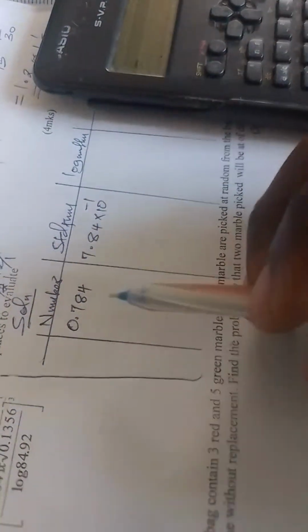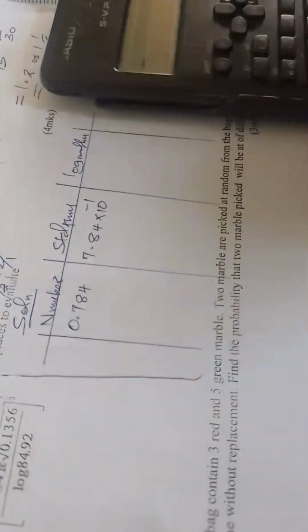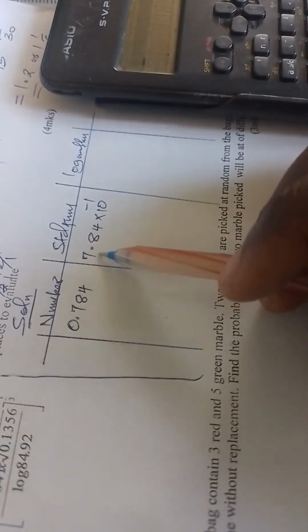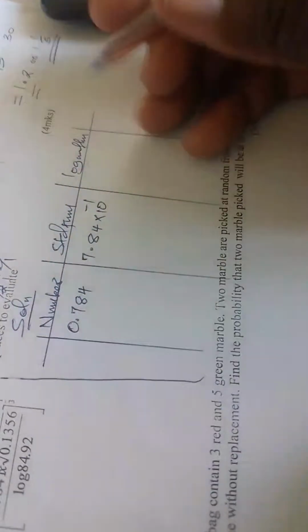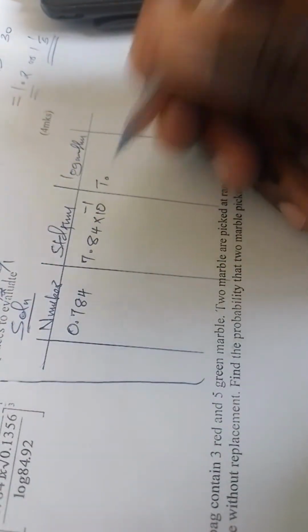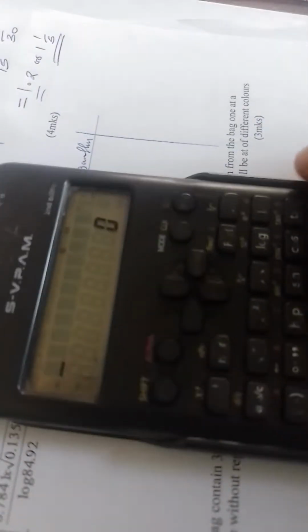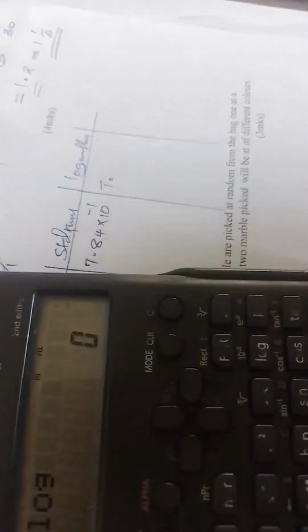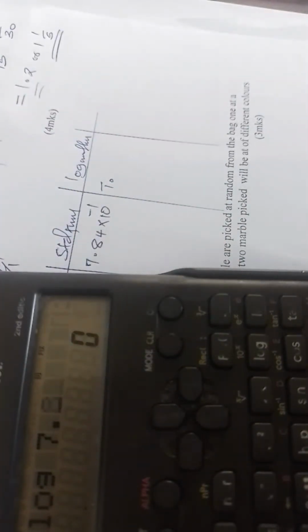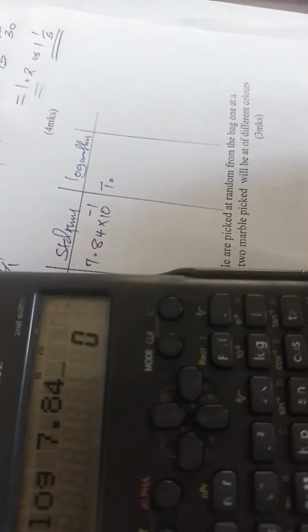Because now we have 0.784, then in standard form it is supposed to be 7.84 times 10 raised to power negative 1. This one will be bar 1 point. Then the log for that, we can write log 7.84.